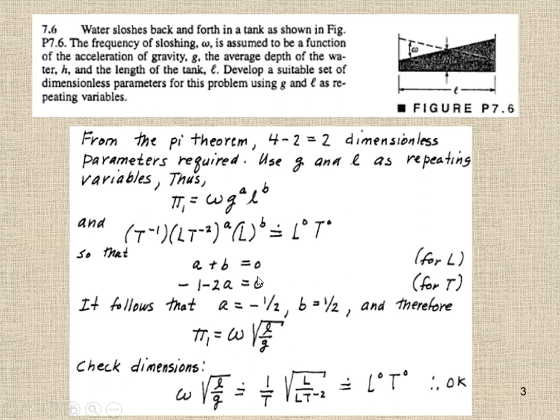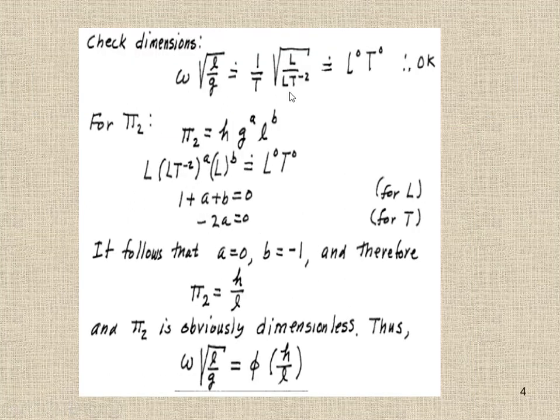Now let's move on to the next pi term, because we have to make two dimensionless parameters. The first one we found is this. How can we develop the second pi term? The repeating variables g and L will be multiplied with the other non-repeating variable that remains, which is h.